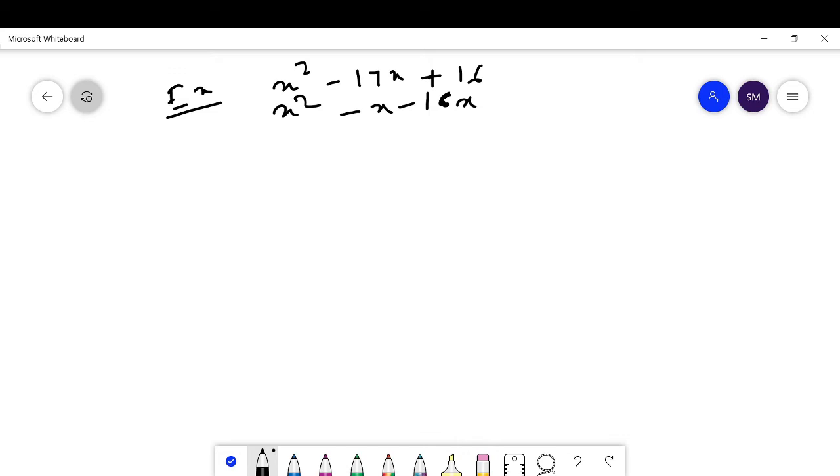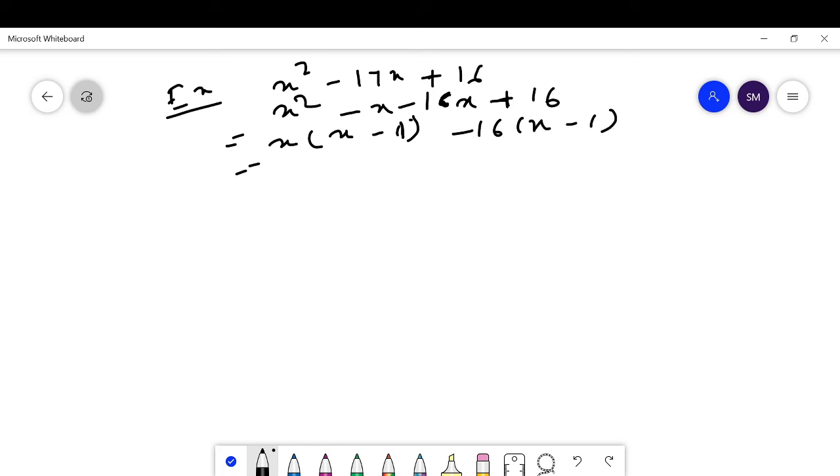Minus 16 into minus 1 is equal to plus 16. Then plus 16. From these two terms taking x common, x remains and here minus 1. From these two terms taking minus 16 common, here x and here only minus 1.